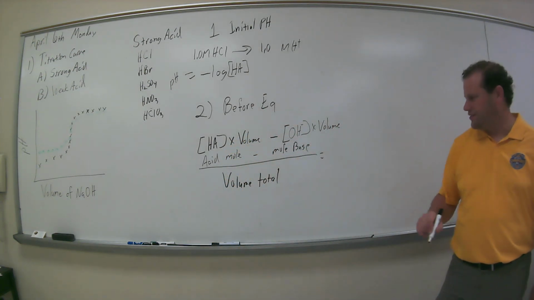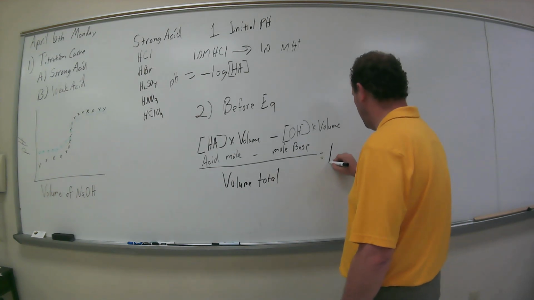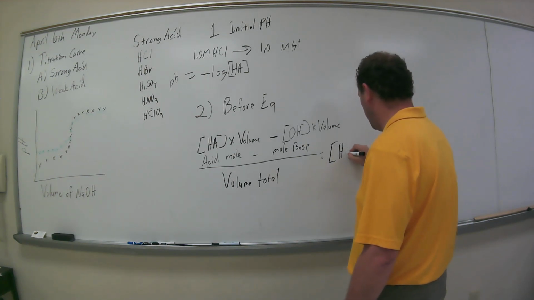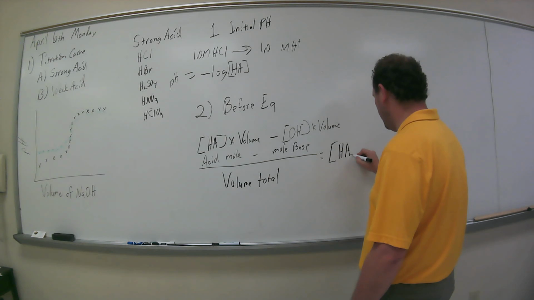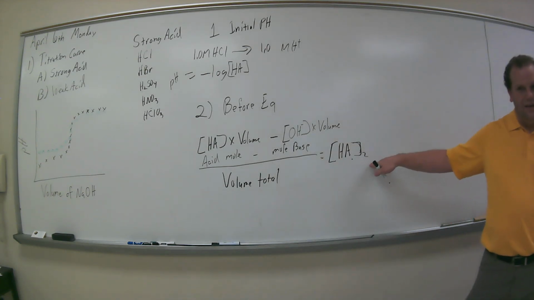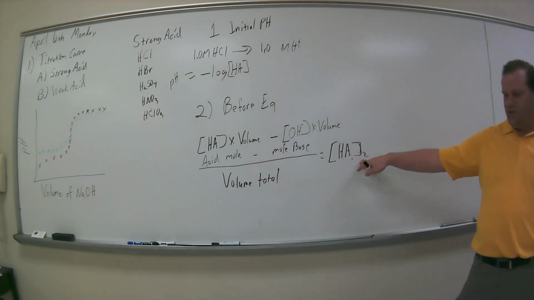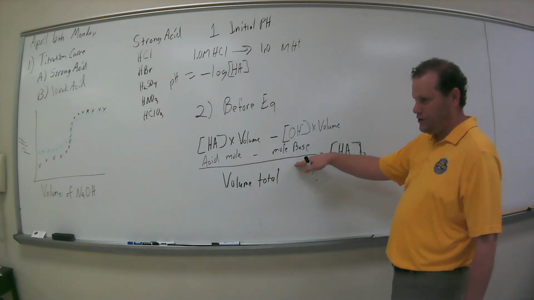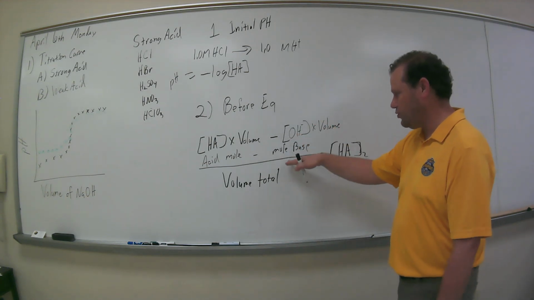That's going to give us our new concentration, which we'll call HA with subscript 2. It's a new concentration because we diluted some of it by adding base, and we neutralized some of it.